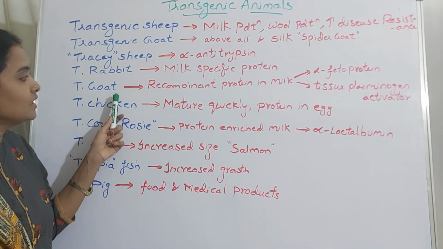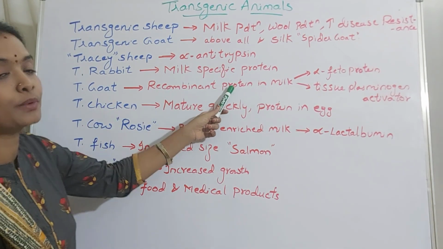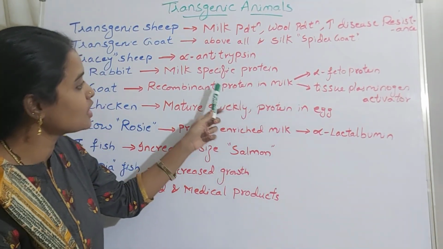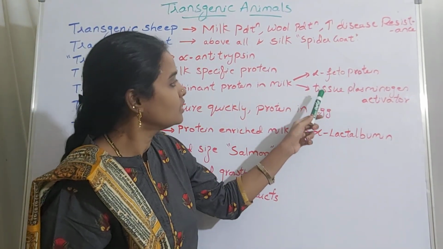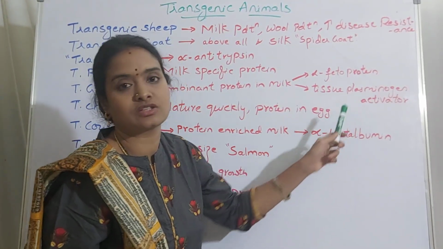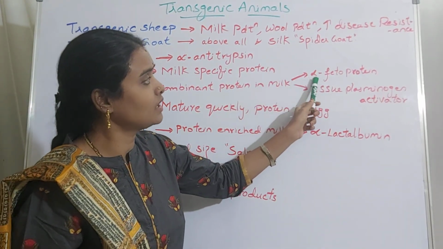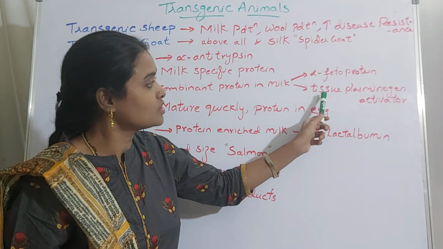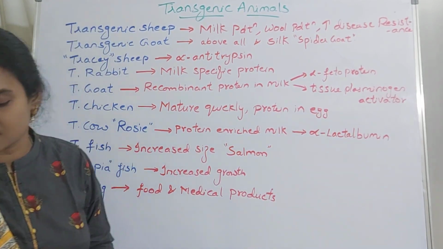As a result, the transgenic goat is having a recombinant protein in its milk, where it is able to produce alpha fetoprotein and tissue plasminogen activator. Right? So here again these alpha fetoprotein and tissue plasminogen activator are also used in medicines.